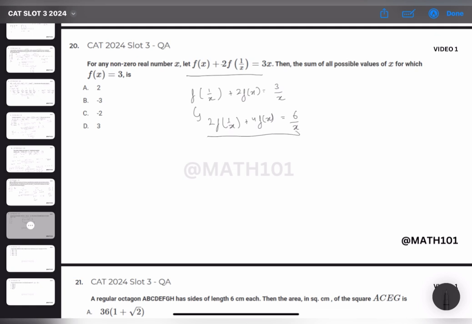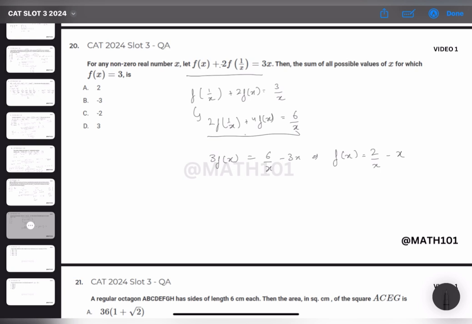Subtracting this equation from the other, 2f(1/x) cancels out. 4f(x) minus f(x) is 3f(x), and 6 by x minus 3x. We get f(x) equals 2 by x minus x.